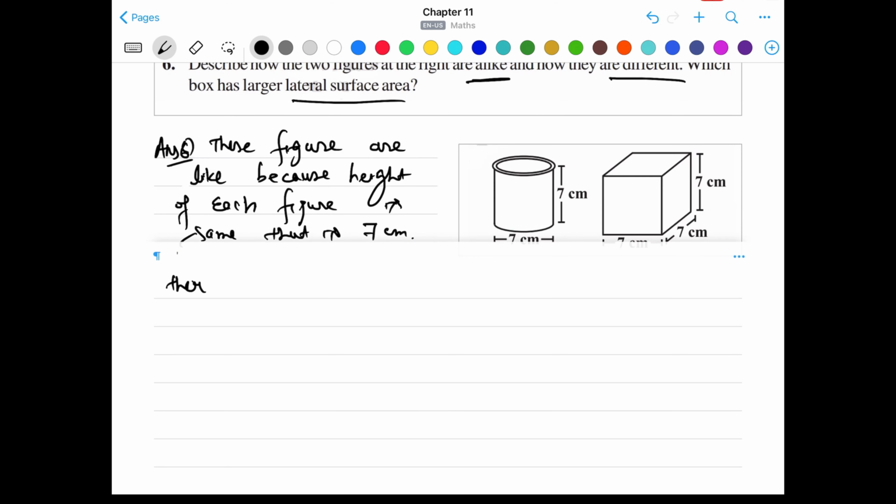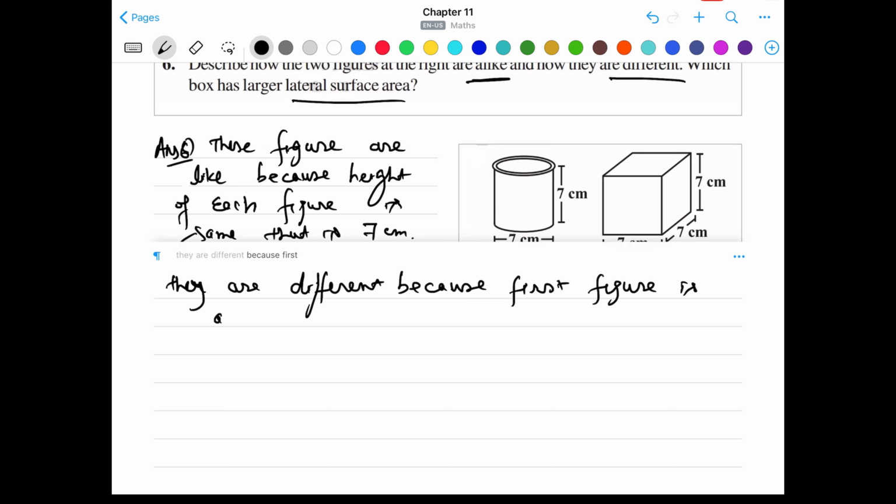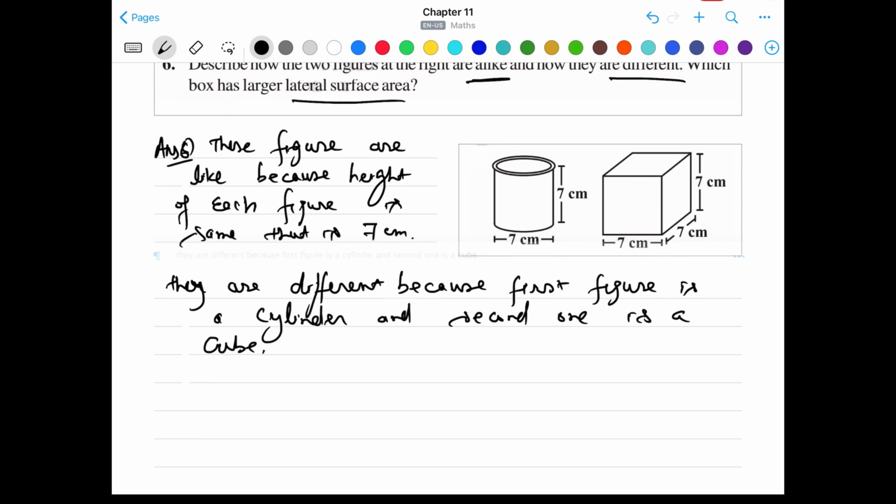They are different because the first figure is a cylinder and second one is a cube. So they are alike because the height of both figures is the same, and they are different because the first one is a cylinder, second one is a cube.